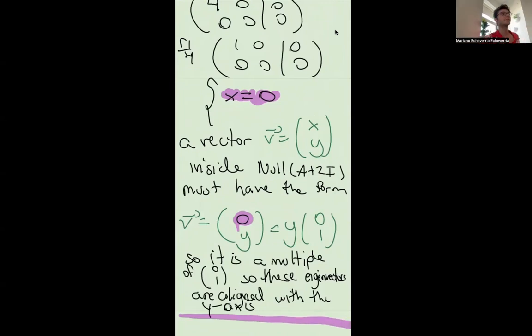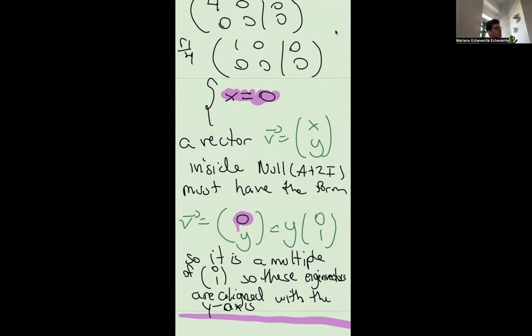So the first type of eigenvectors were parallel to the x-axis. The second type of eigenvectors are parallel to the y-axis. Is that okay? Questions about this?